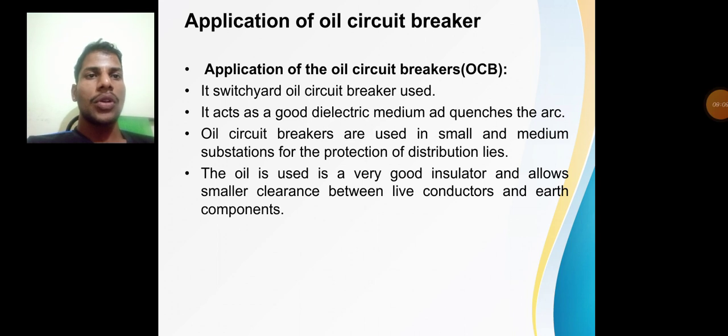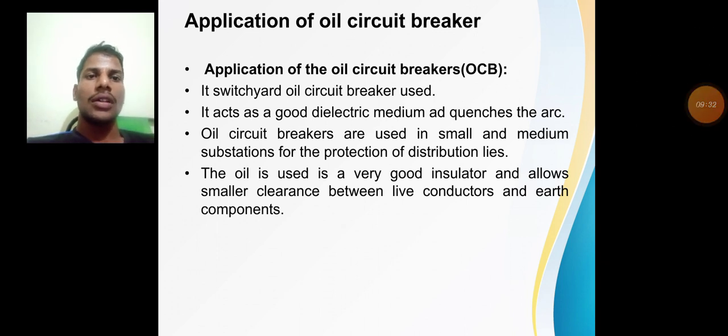And coming to applications of the oil circuit breaker. Oil circuit breakers are used in substations. The oil acts as a good dielectric medium and quenches the arc, and is used to extinguish the arc.